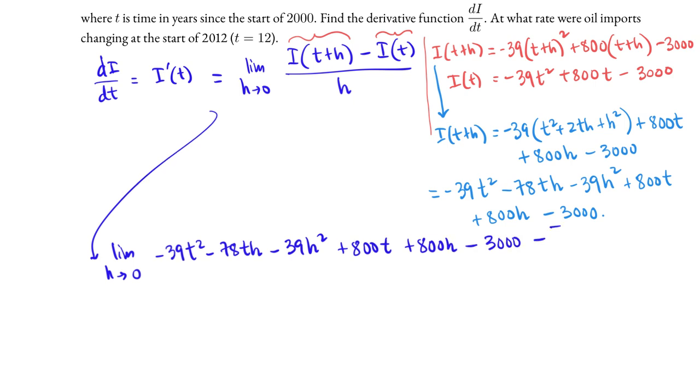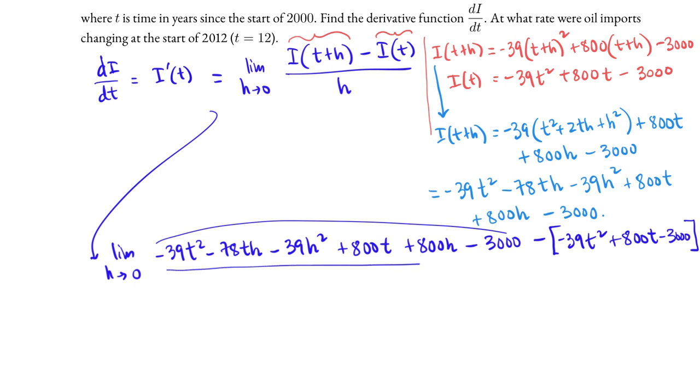And then we replace I of t with negative 39t squared plus 800t minus 3000, and we need to put this in a bracket, because everything in this bracket has to be subtracted from this whole expression, all over h.